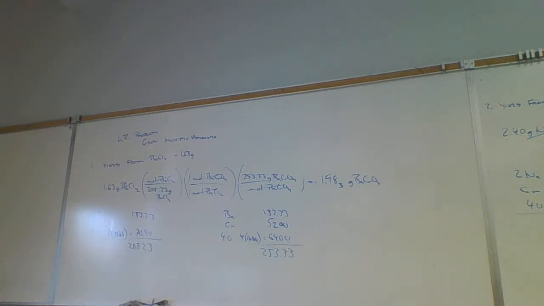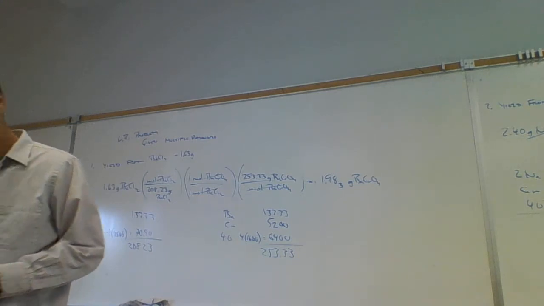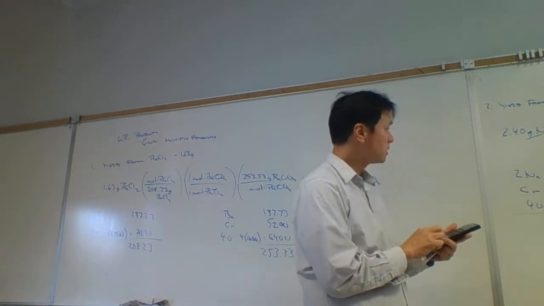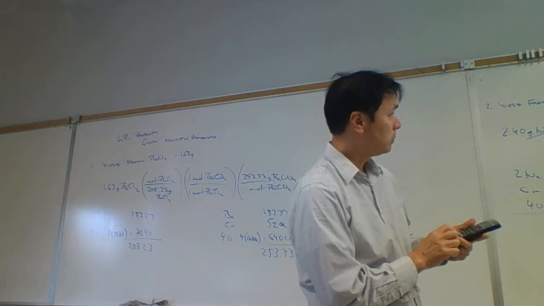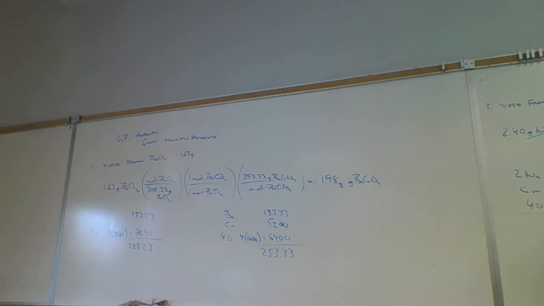So moles of sodium chromate cancel, using the moles of barium chromate and the molar mass we calculated earlier, 253.33 grams of barium chromate per mole. So moles of barium chromate cancel. Let's see what we get for this one. Use this calculator: 2.4 divided by 161.98 times 253.33. That's 3.753.